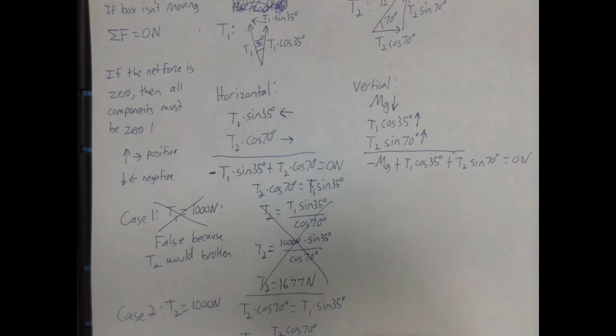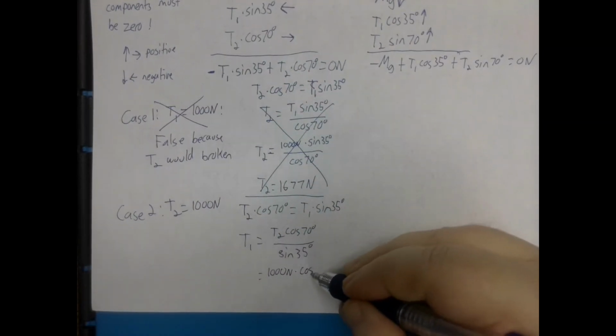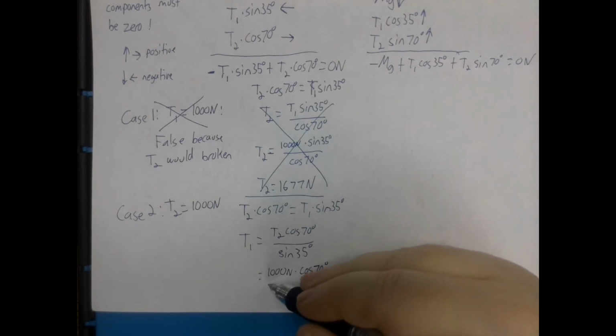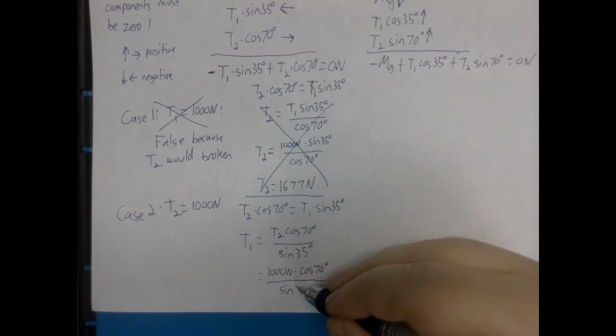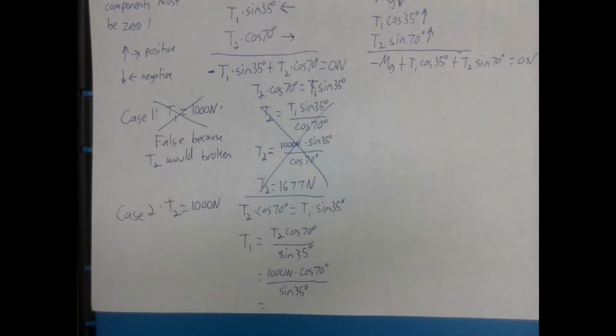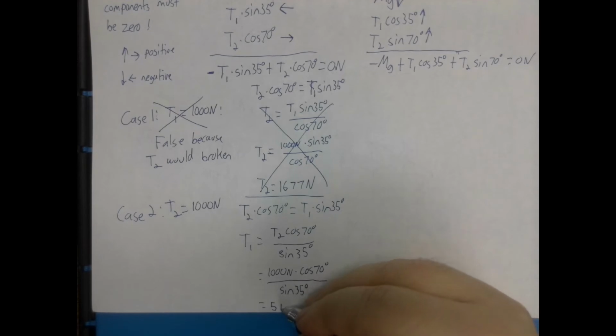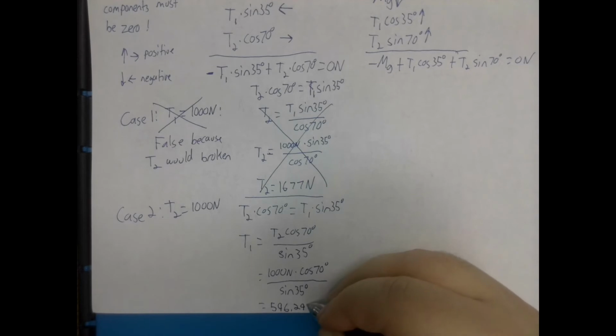So if T2 was 1,000, we can plug that in, and we can see the force on T1 is 596.294 newtons.